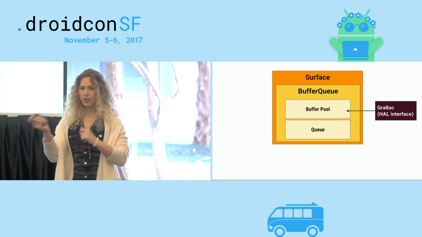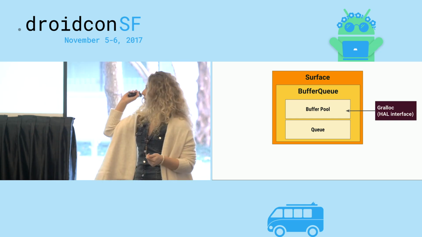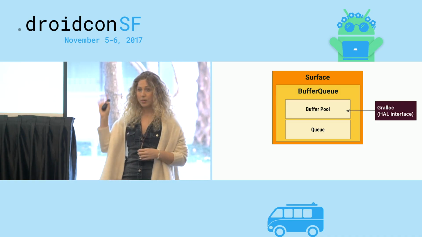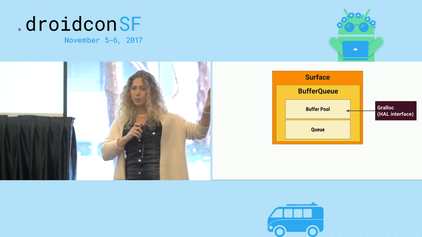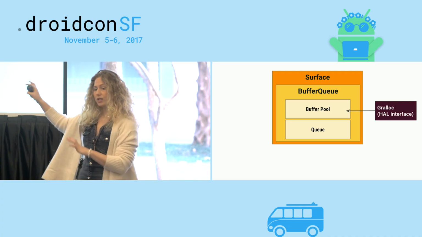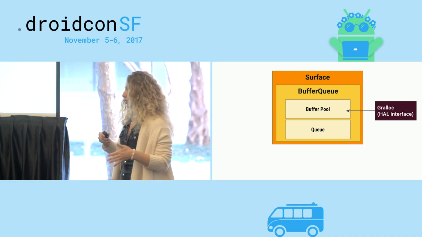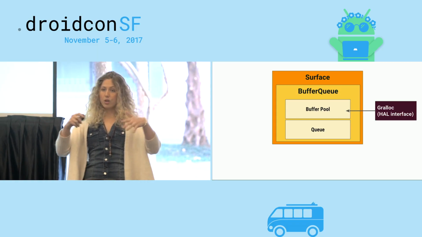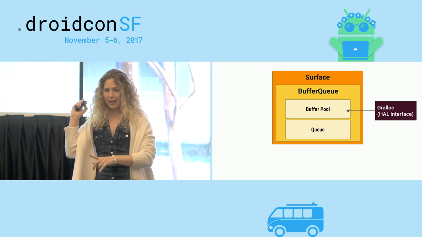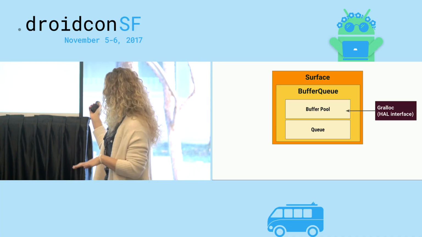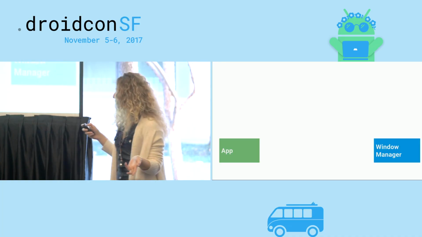The one who is in charge of the allocation is the Gralloc allocator, which is on the hardware abstraction layer, meaning it is vendor specific. So we're just dealing with the abstraction here. But he's in charge of allocating the memory. And we have the actual queue for the buffers, like we saw before, with the front buffer and the back buffer and all of those. So he has the queue and the logic for that.